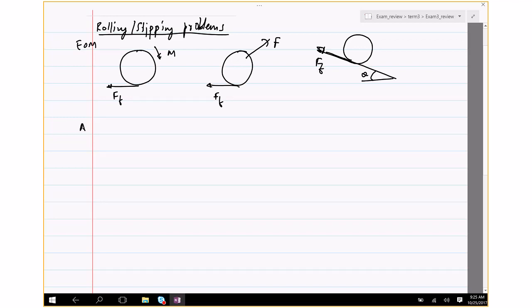So the first thing you do is assume rolling and set up equations.